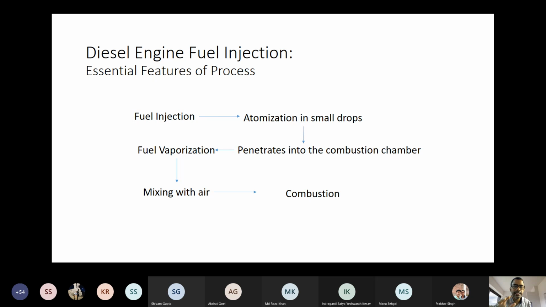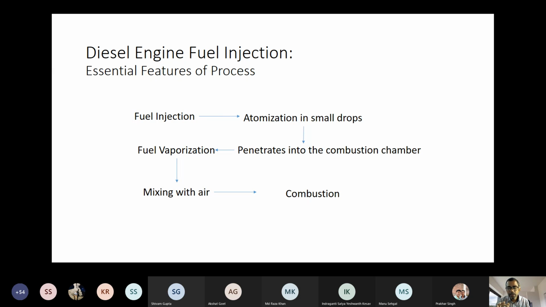So the fuel injection technology is one of the hearts of the diesel engine. We need to control it and advance it. There needs to be consistent improvement in the technology so that we can meet the future demand in terms of emissions.